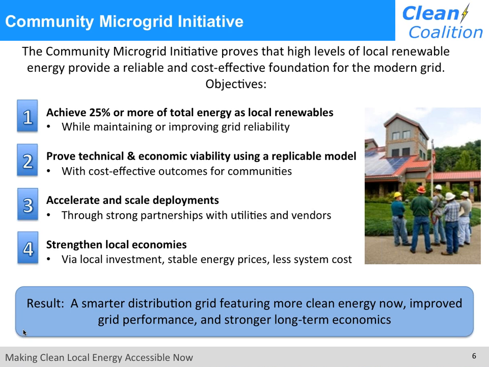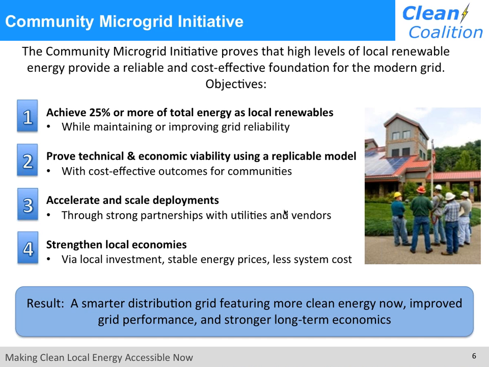We are proving the technical and economic viability of community microgrids using a replicable model. So that's the advanced power flow modeling and the cost analysis that we do, and that achieves cost-effective outcomes for communities. We work to accelerate and scale deployments of community microgrids through our strong partnerships with utilities and with the vendors that provide the technologies as part of the solutions.